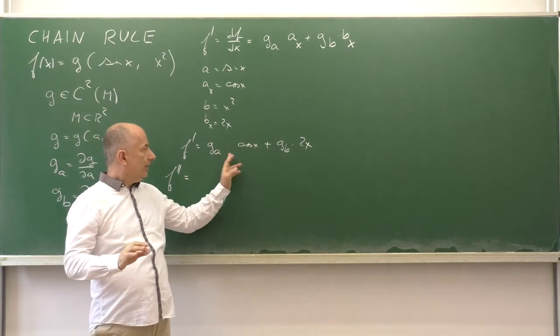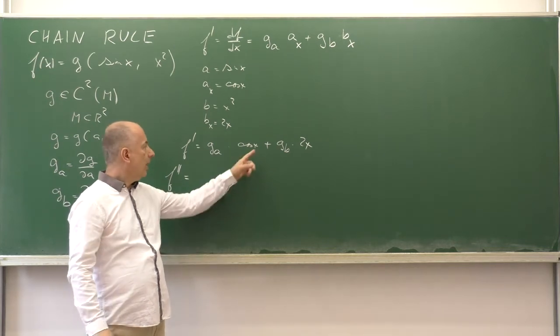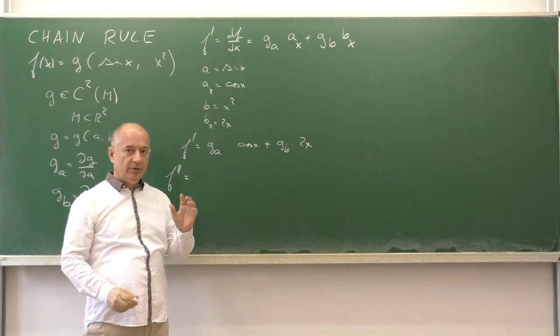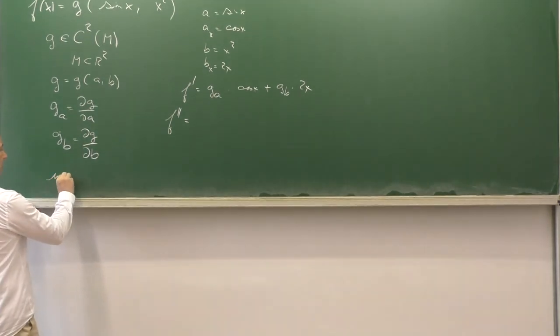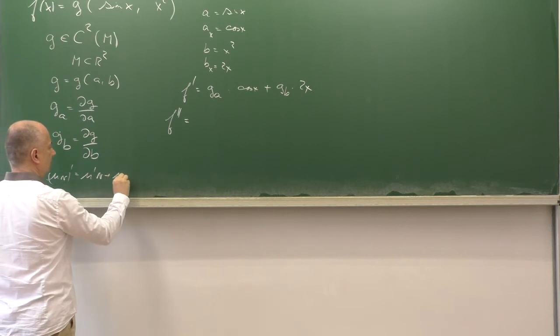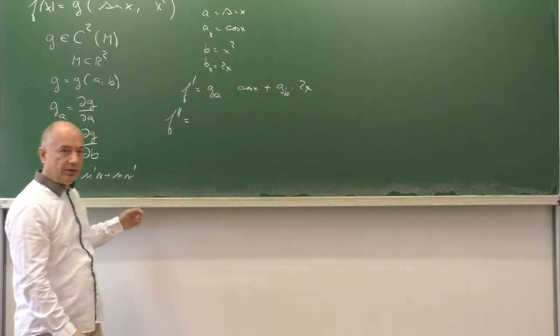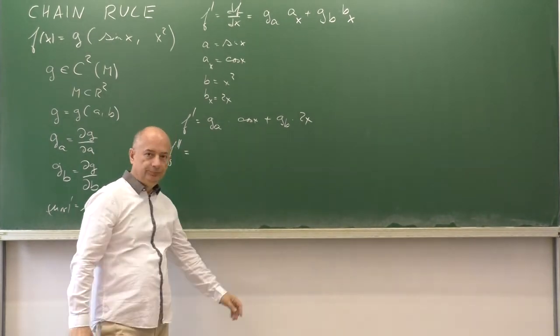So, derivative of sum is sum of derivatives. Okay. The first term is a product. Derivative of product, well, we know how to differentiate the product: the derivative of uv is u derivative times v plus u times v derivative, and we will need this. So we differentiate ga.